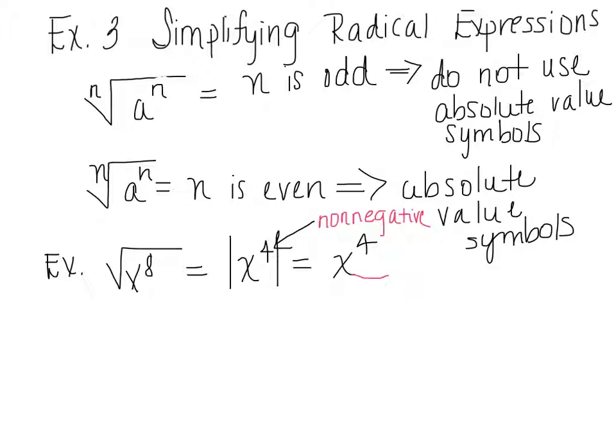Now, if it was something like this, then you divide 4 into 12. Because the 3 is odd and it won't ensure that it'll always be positive, then we do need absolute value here.